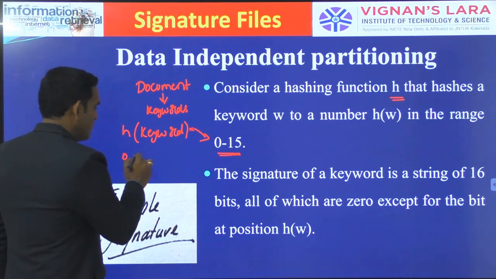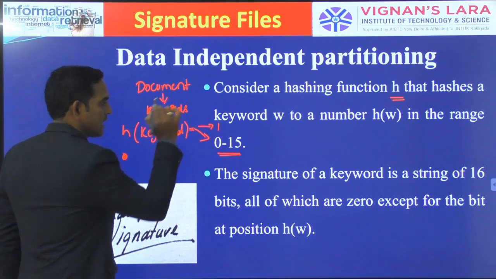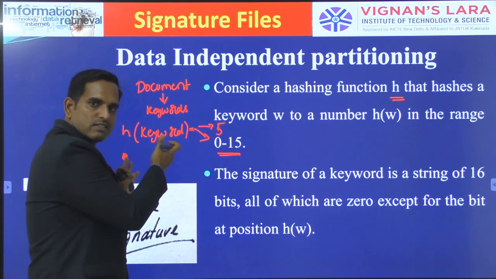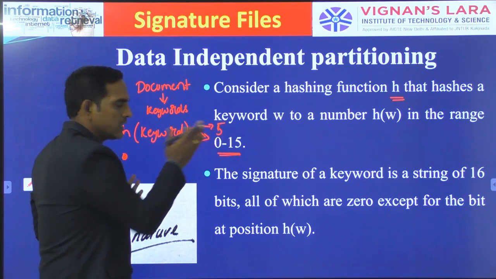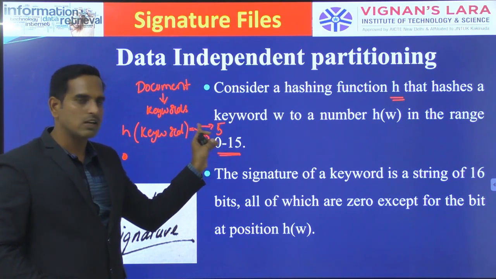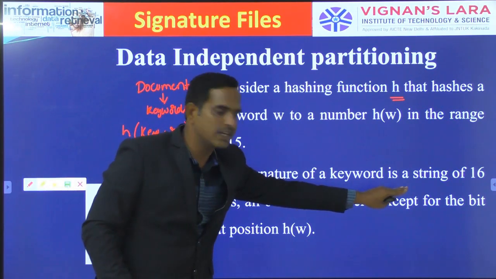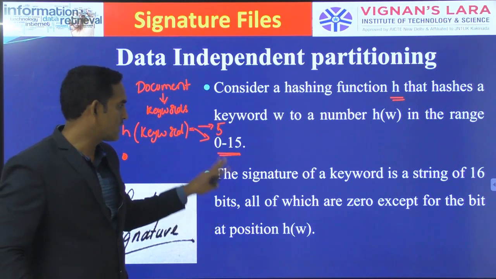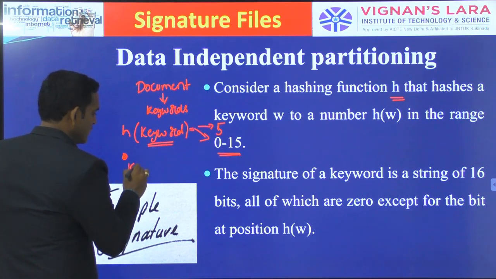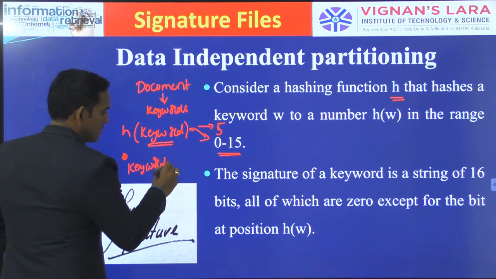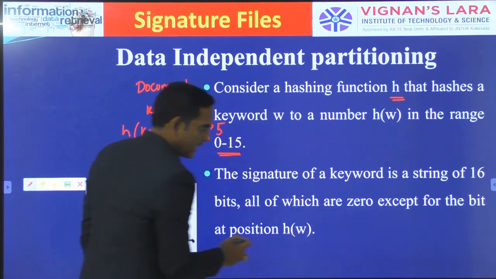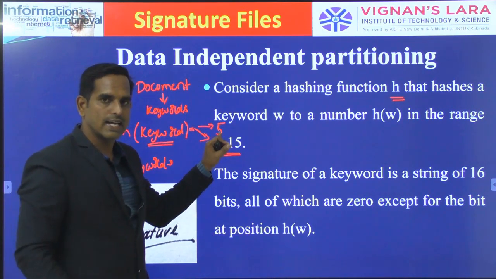For example, each and every keyword which goes through the hashing function will return a particular value, for example 5. The signature of the keyword is a string of 16 bits, all of which are 0 except for the bit position which it has returned.